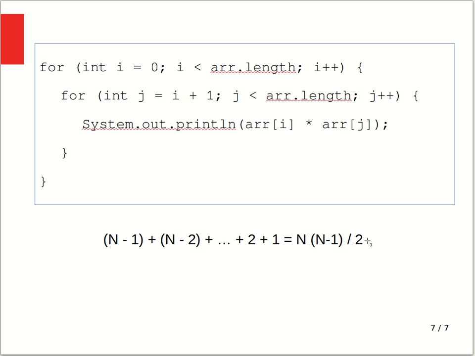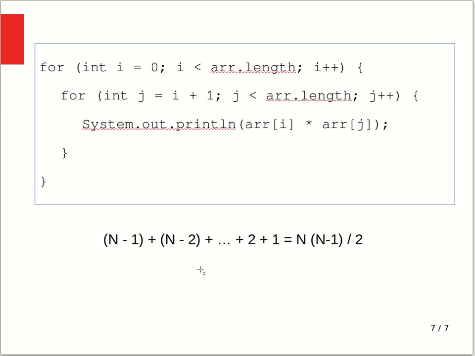If you think about it, n minus 1 plus 1 equals n. You do the summation not in left to right order, but you add the first number with the last number. That gives you n. And then you add the second number with the second number from the last. That gives you another n.